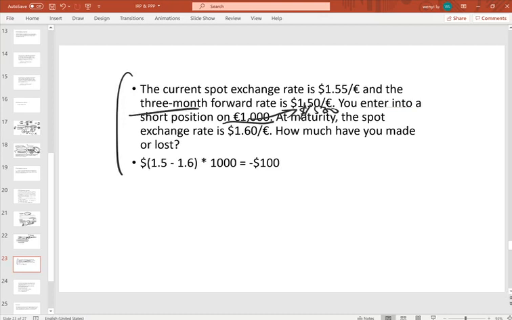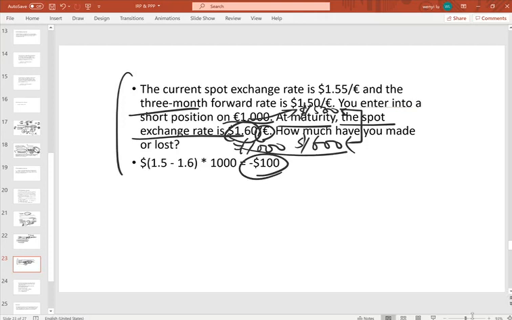However, in 3 months, the actual rate on the market is that you can sell 1 euro for $1.6. So for 1,000 euro, you can actually get $1,600. However, you already signed a contract, you already made a promise to sell 1,000 euro for $1,500. So you actually incur a loss based on the market rate. So you lost $100. That's your loss.